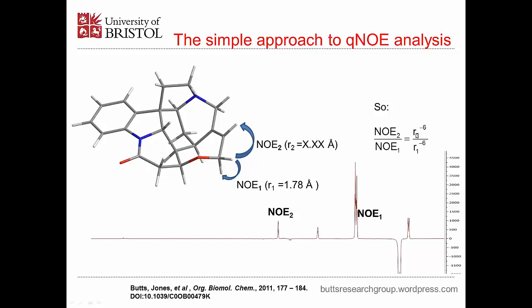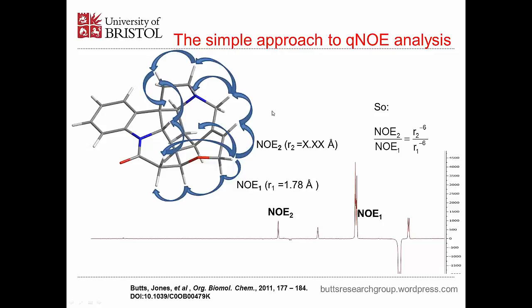Therefore, we can very easily calculate the unknown distance corresponding to NOE2. So if everything I've said is true, then we should be able to calculate that second distance quite easily. The really nice bit is we can also measure these two other NOEs in the spectrum, and then further NOEs for the rest of the molecule in order to extract all the distances we might be interested in.